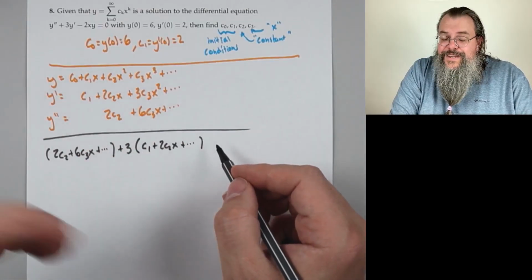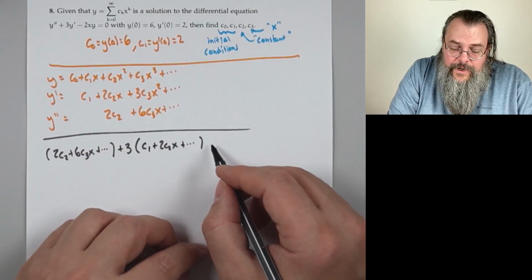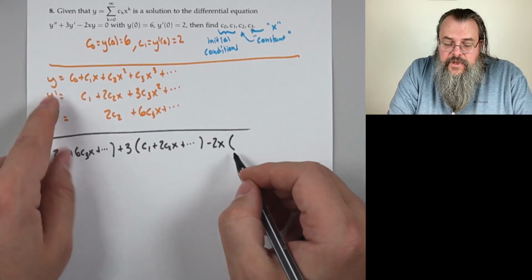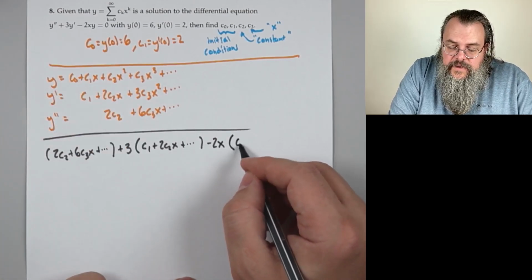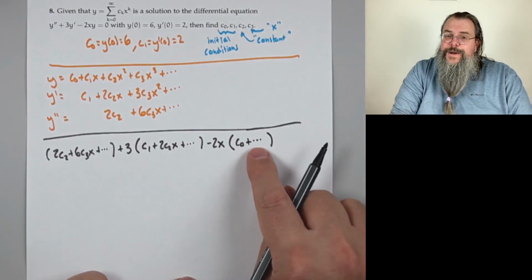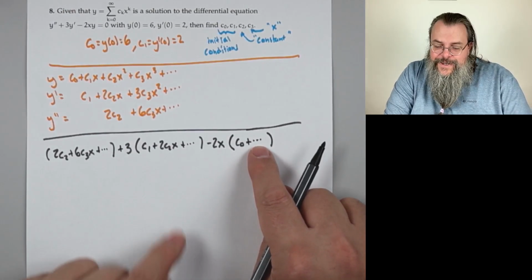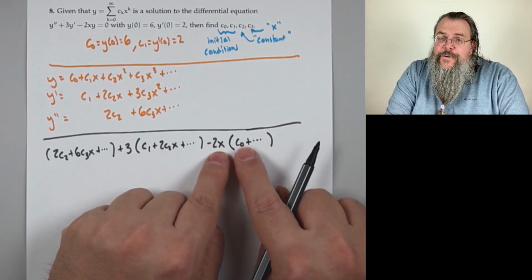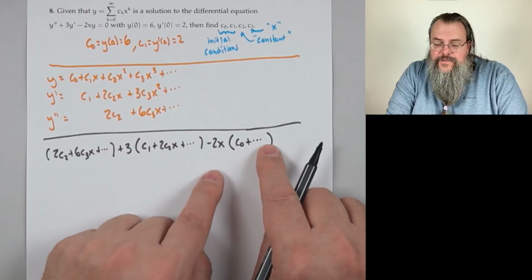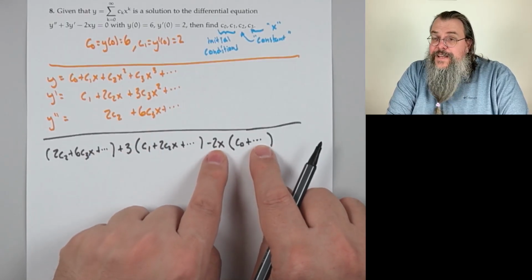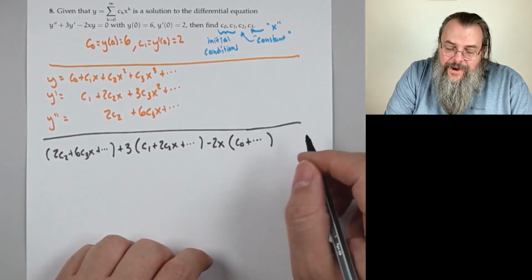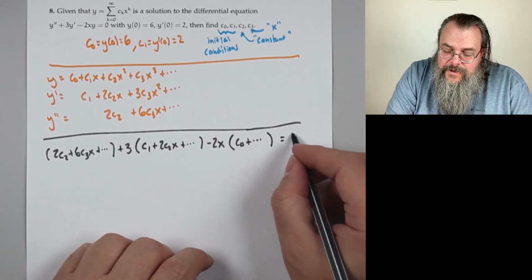That's not going to help me. And now minus 2x, and I plug in for y, c0 plus dot, dot, dot. Now you might say, whoa, whoa, Steve, you're being very aggressive here. Well, see that x? We're already up to a constant something times x. So if I had an x term, c1x would be up to an x squared. So that x says I only have to go this far. And all of that equals 0.